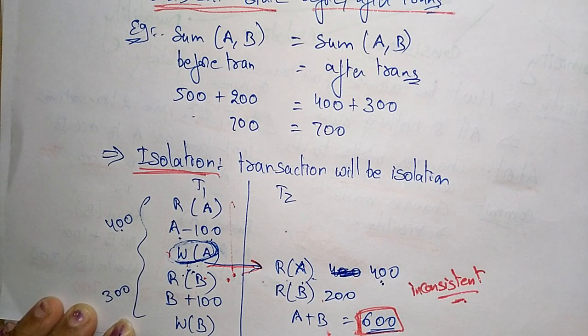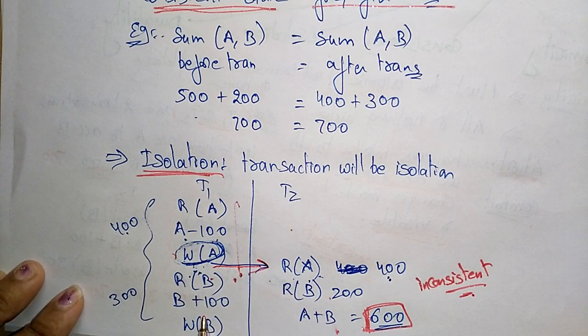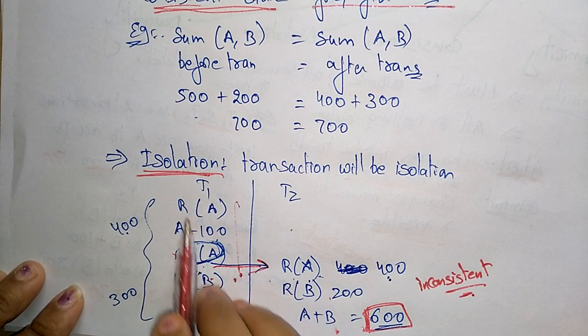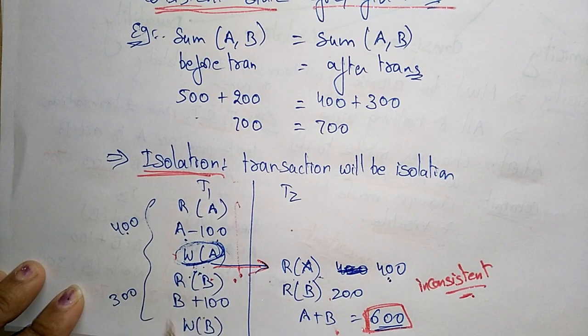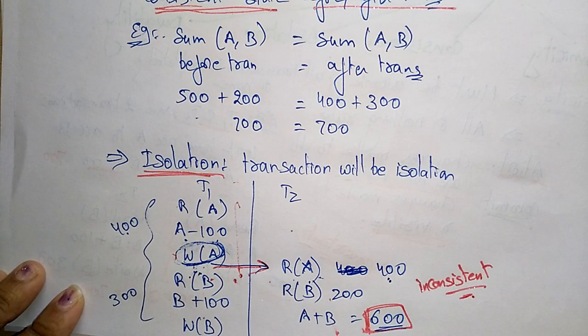The data used during execution of a transaction cannot be used by a second transaction until the first one is completed.